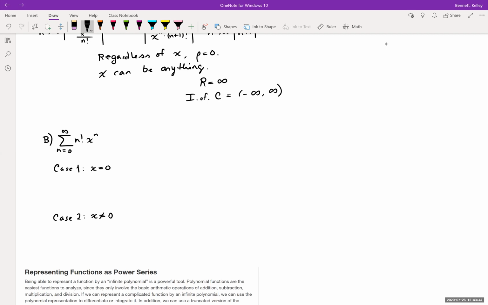So if x is 0, then what we get is the sum from n equals 0 to infinity of n factorial times 0 to the n. So this just makes the summand equal to 0. So I get the sum of 0, n equals 0 to infinity, which equals 0. So this converges. So we know that it converges at x equals 0.